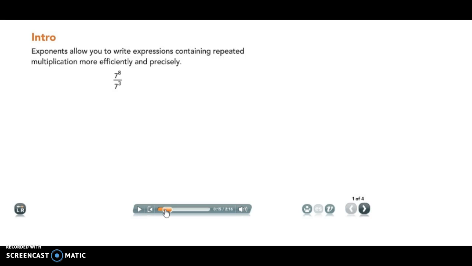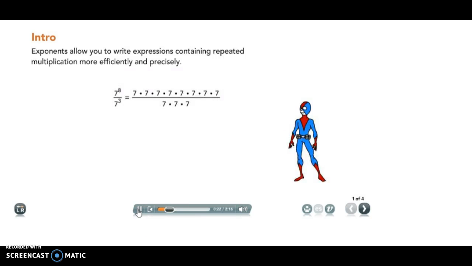I know it looks like a fraction, but it's really divided by, and here you notice that we have the exact same base. So with that, 7 to the 8th really means 7 eight times, and 7 to the 3rd really means 7 three times. So we're going to go ahead and cancel out all of them that we can.